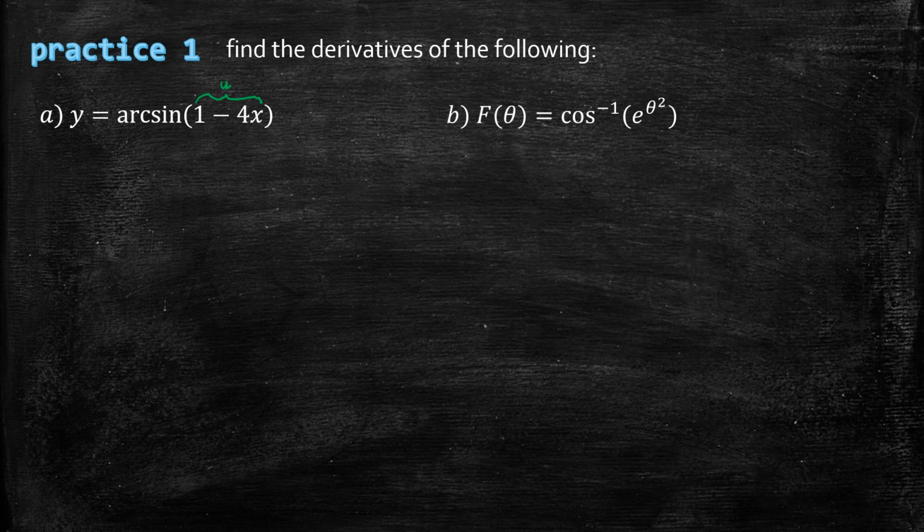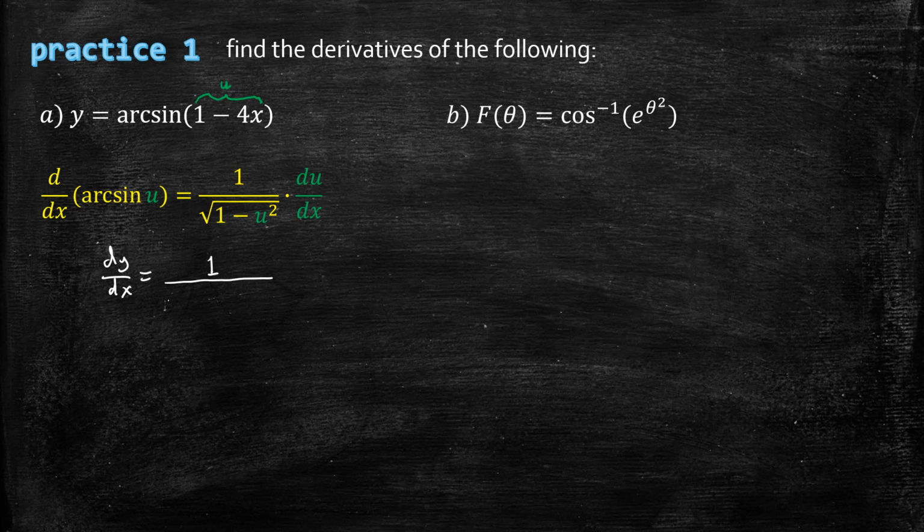And I'm going to bring up this variation on the definition of the derivative that reminds us to take the derivative of the inside function. So let's just apply this. If we want to find dy by dx, then the derivative of our arcsine is 1 over the square root of 1 minus the input squared.